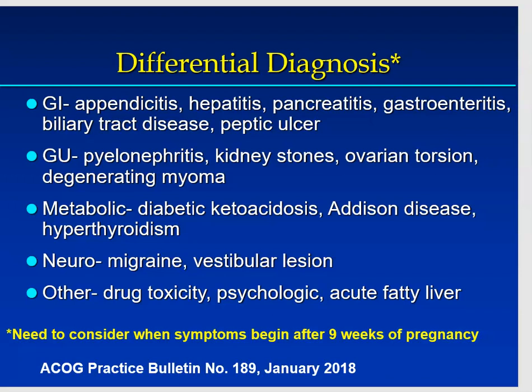Neurologically, migraine and vestibular lesions certainly can simulate some of the disorder, but usually one can eliminate these with careful history taking. And finally, drug toxicity, psychologic causes, and even acute fatty liver are considerations. The latter, acute fatty liver, however, is only seen in the latter half of pregnancy and more likely into the third trimester.